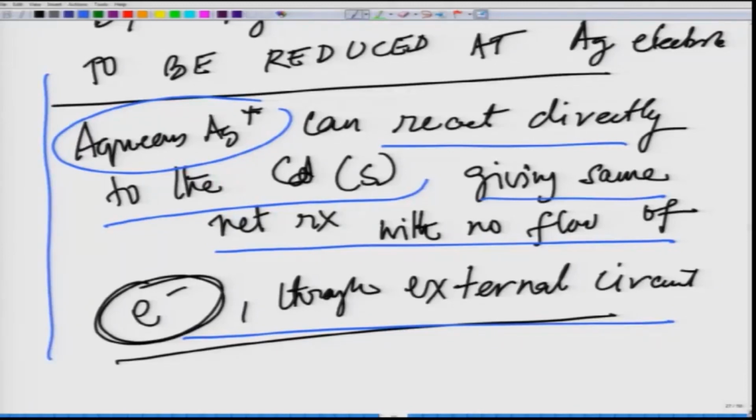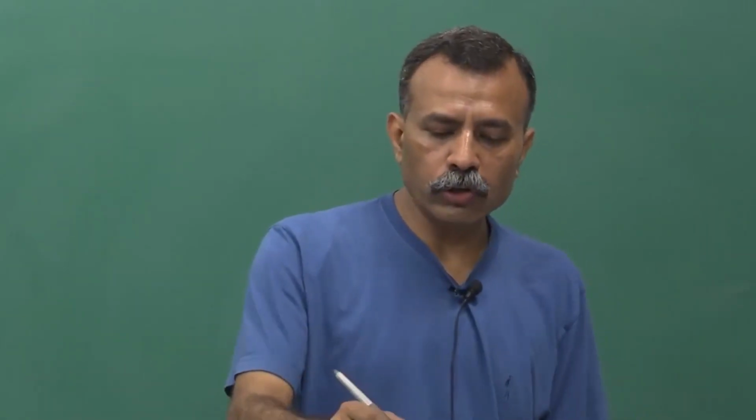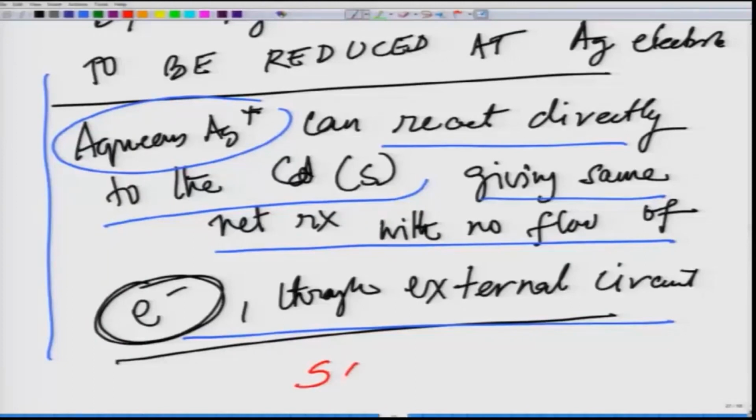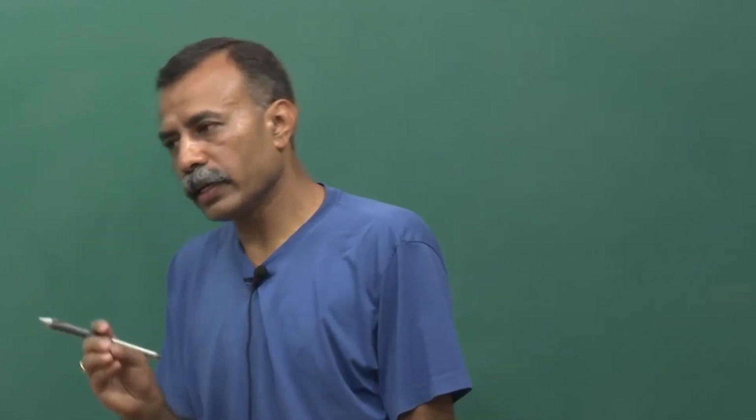The cell will not work with a solution containing two different electrolytes, and this basic fundamental needs to be understood, because once we understand this, then we will move on to our next class. We will talk about why we needed the salt bridge and what is the role of the salt bridge. So, I will close in here, and in the next class we will proceed a little bit further.